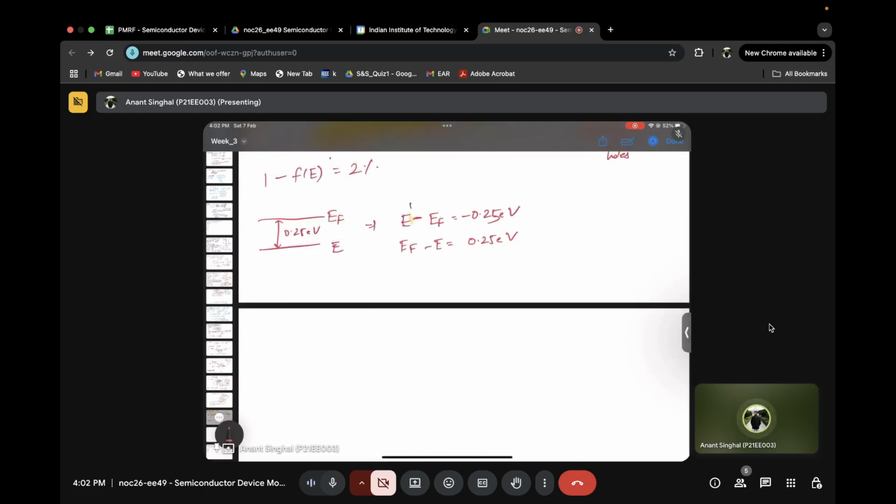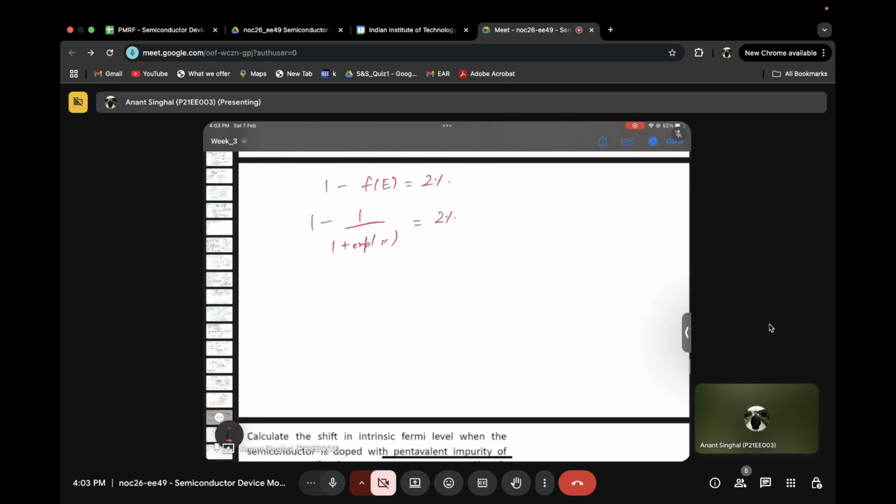So we already know what is Fe. 1 minus Fe is 2%. Fe is 1 upon 1 plus exponential of that term. So it would be exponential of E minus EF over kT divided by 1 plus exponential of E minus EF over kT, and this is 2%, which is 2 by 100.